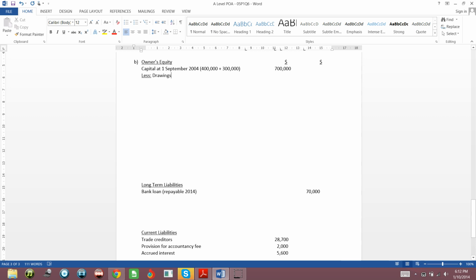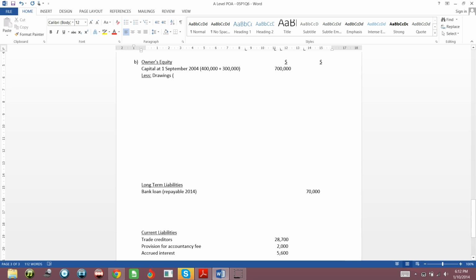Actually, the sequence is not so crucial. You can less drawings first, then add net profit. So what does drawings mean? Drawings means how much money did he take from his business for his own use?